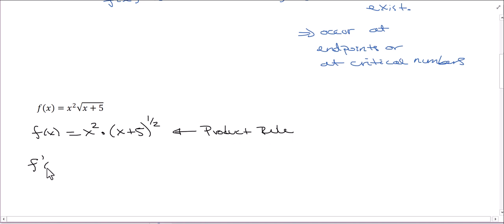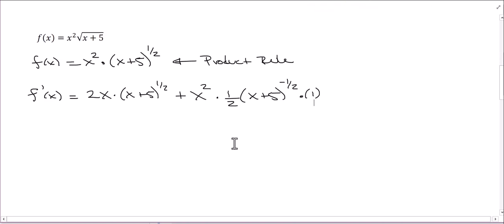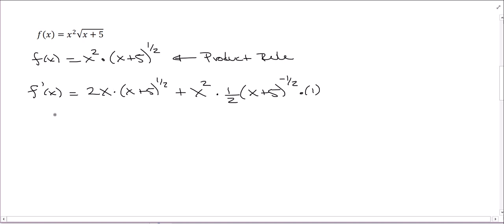So f prime is, product rule says the derivative of the first, so 2x, times the second left alone, plus the first left alone times the derivative of the second. So we'll use the general power rule: 1/2 x plus 5 to the negative 1/2, and then by chain rule times the derivative of the inside, but that one is just 1. Lucky for us, we don't have too difficult a chain rule there.